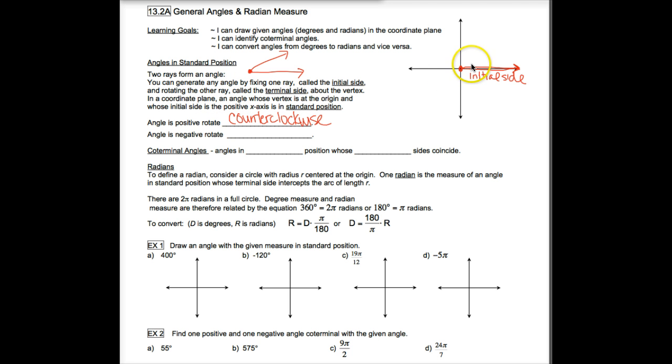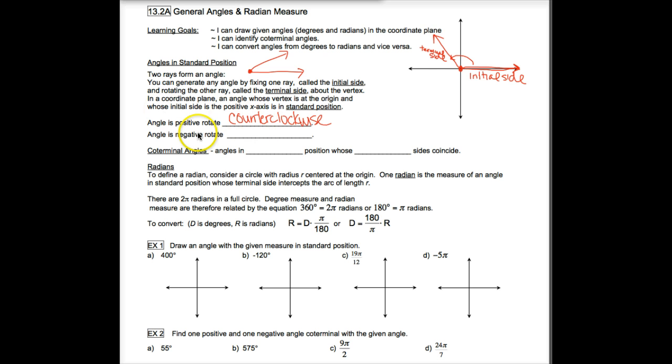If I rotate counterclockwise, and let's say I go to here, and here is my terminal side, then this would be a positive angle, because it meets all of the qualifications for standard position and positive.